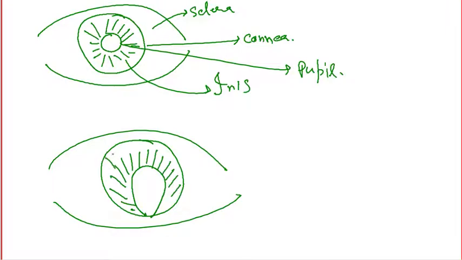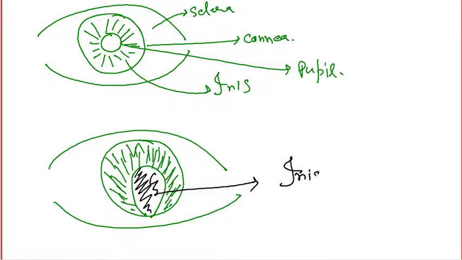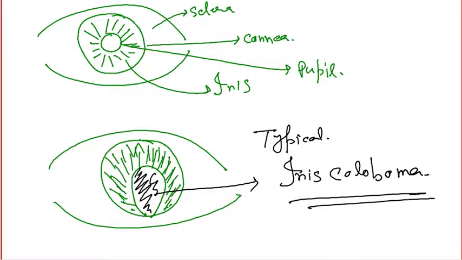So there is a defect in the infranasal area of the eye. This type of defect is called typical iris coloboma.